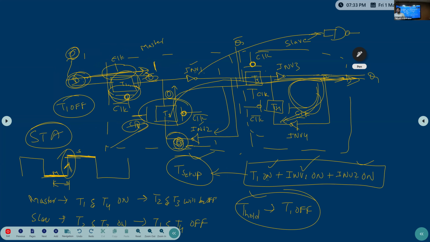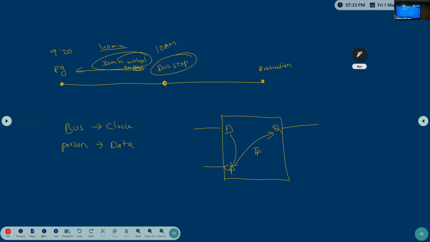That is the propagation delay TP. Now D to CP is there, so here two things will become: T setup and T hold. Two times will come. Then CP to Q. These are the general things.